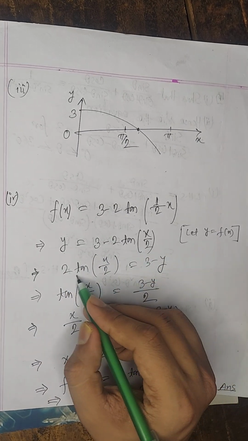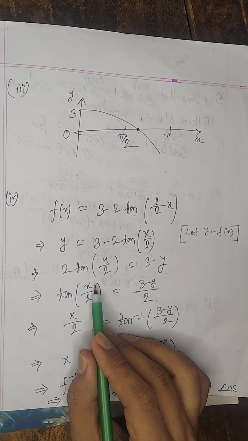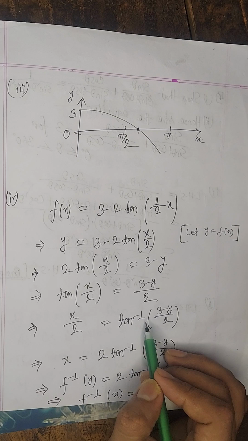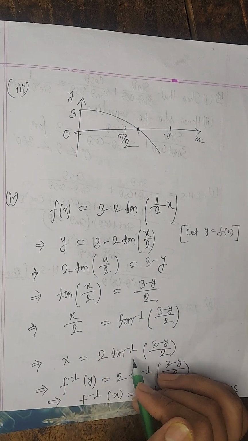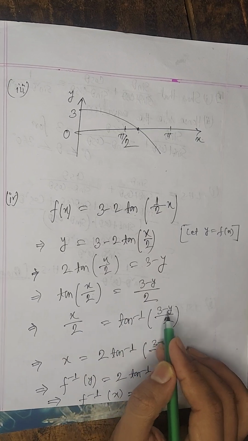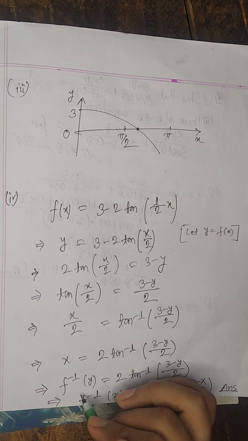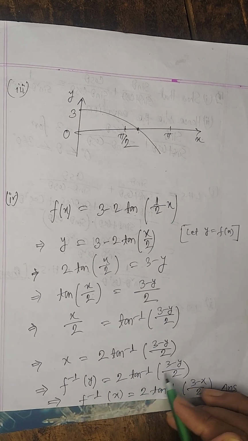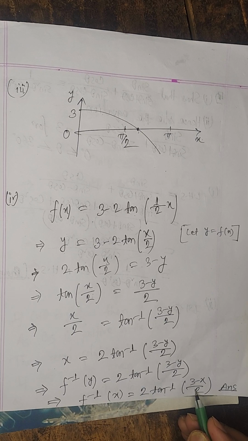From here, 2 tan(x/2) = 3 - y, so tan(x/2) = (3 - y)/2. Then x/2 = tan inverse of (3 - y)/2, so x = 2 tan inverse of (3 - y)/2. So f inverse of y is 2 tan inverse of (3 - y)/2, and this is our inverse function.